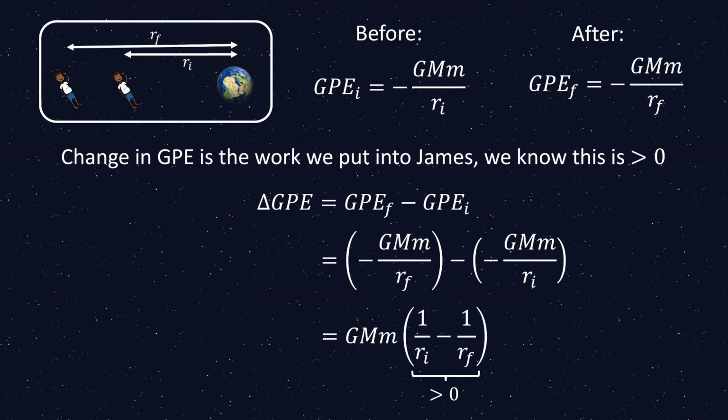And this expression within the brackets is greater than 0, because Ri is smaller than Rf. So the total expression is greater than 0, which means that the work we put into James is greater than 0 as required. And notice how this would never have worked out if we didn't have the negative signs in the definition.